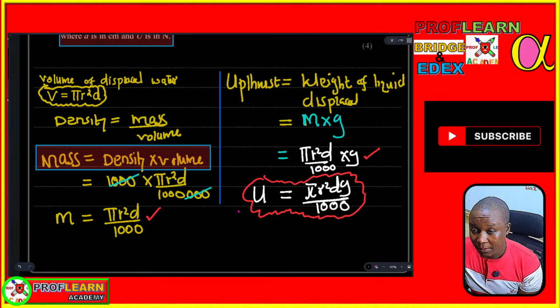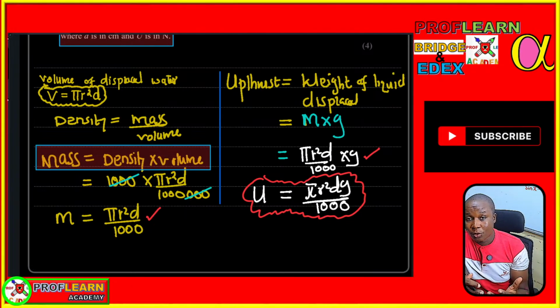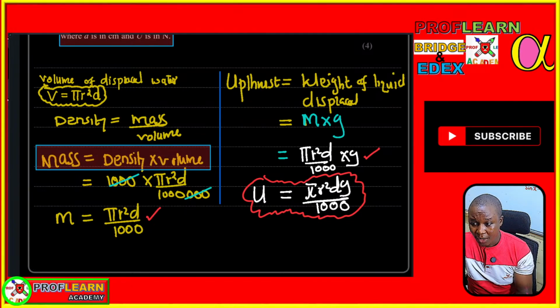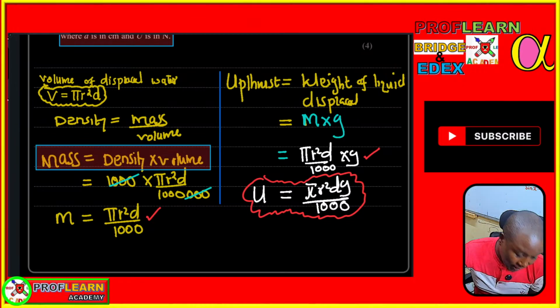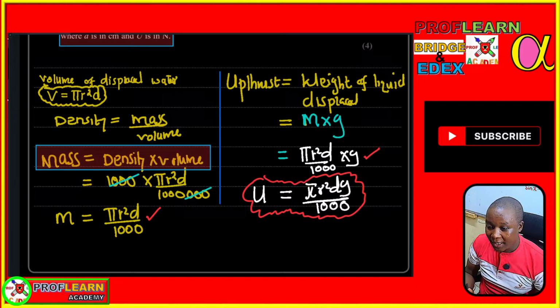So sometimes examiners can be a bit tricky, and they can try to misbehave by giving you questions whereby you're supposed to derive. I've not seen much of these questions being asked, but sometimes the examiner can decide to mess around with you by giving such questions. That's why I decided to cover it, because I've been doing a series of different papers, and we have not encountered a question like this for quite some years.